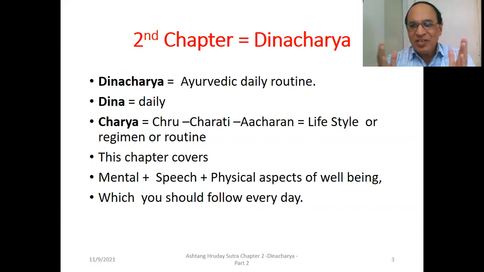Daily regimen, seasonal regimen: Dinacharya, Rutucharya. Dina means day, and Charya means charati, acharan, lifestyle or regimen or routine. This chapter covers mental well-being, verbal well-being, and physical well-being, which you should follow every day. That means it is not only related to the physical aspect, not only to the verbal aspect, but to the mental aspect as well.